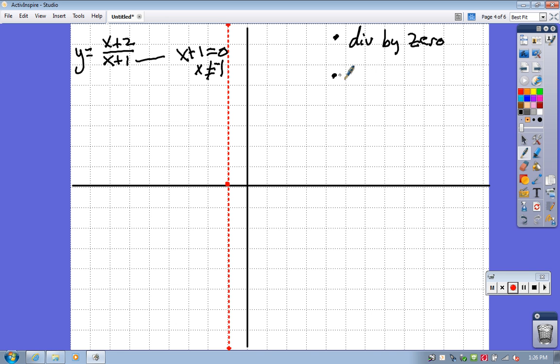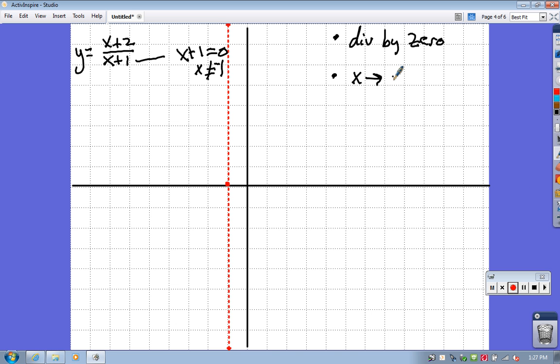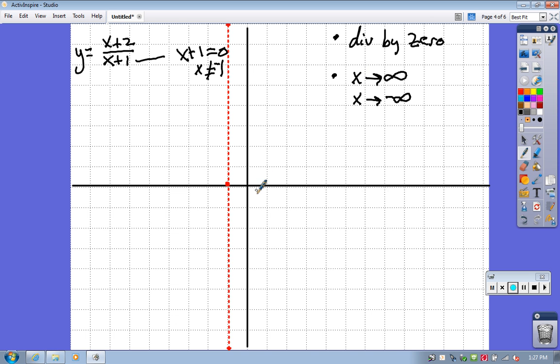Now, let's think about as x gets big positively or as x gets big negatively. What I'm saying is x is tending towards infinity, x is tending towards negative infinity. So take a look at this, x plus 2 over x plus 1. Like let's say x is 10. I'd have 10 plus 2 over 10 plus 1, which is about 12/11ths.